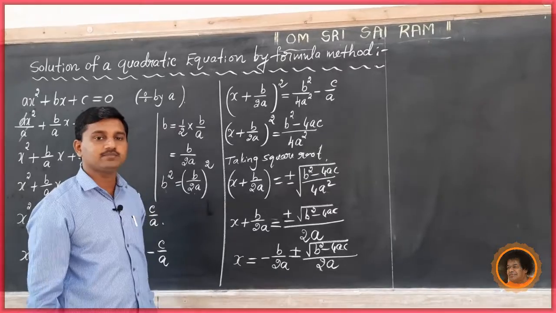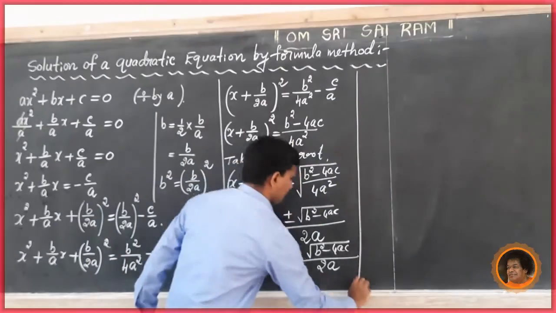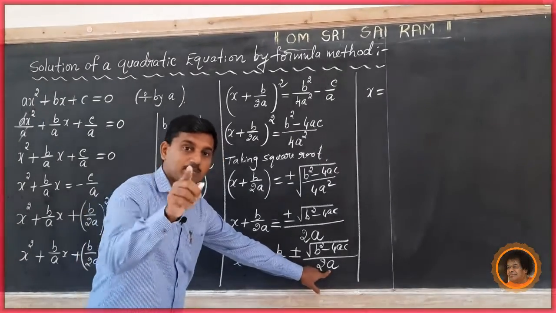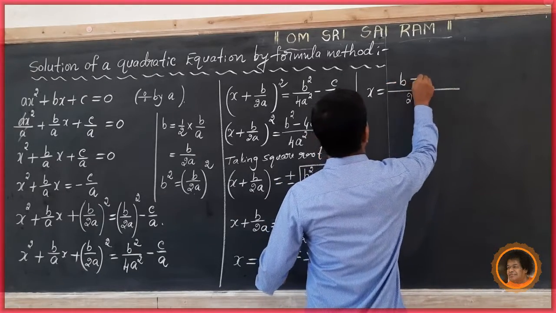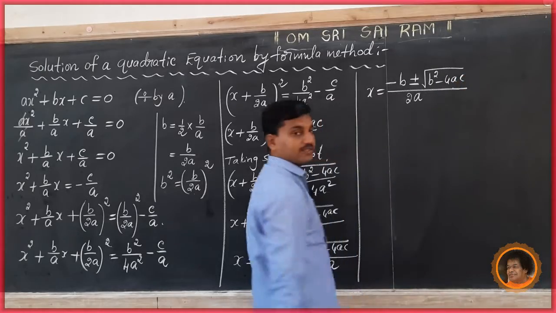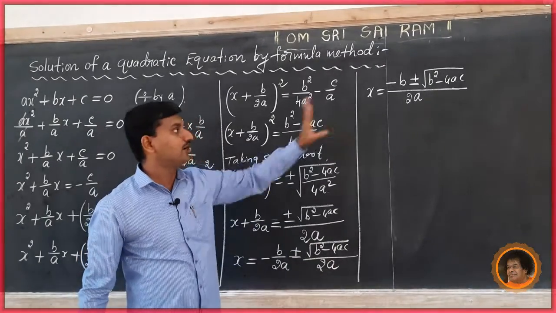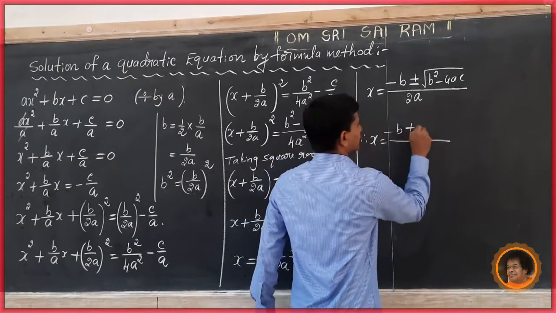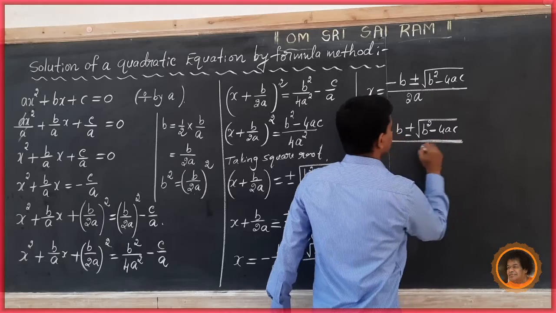If the denominator is the same, we can directly add or subtract the numerators. So x equals the common denominator 2a, and the numerator is minus b plus or minus the square root of b² − 4ac. So the value of x is (−b ± √(b² − 4ac))/2a.